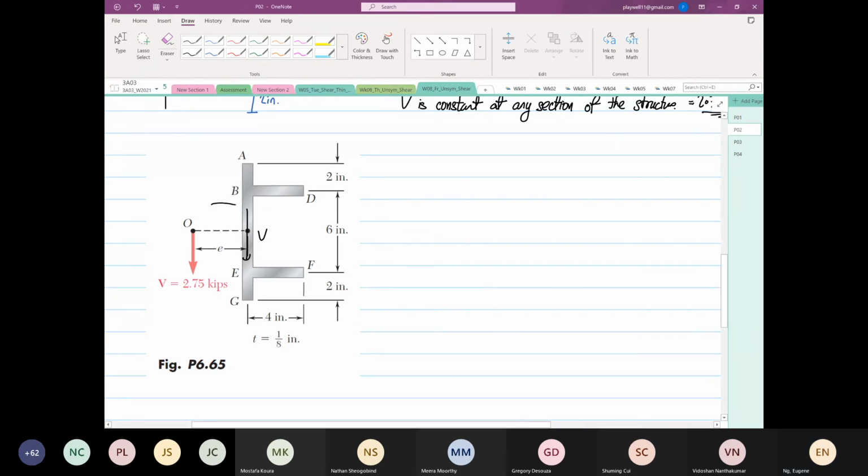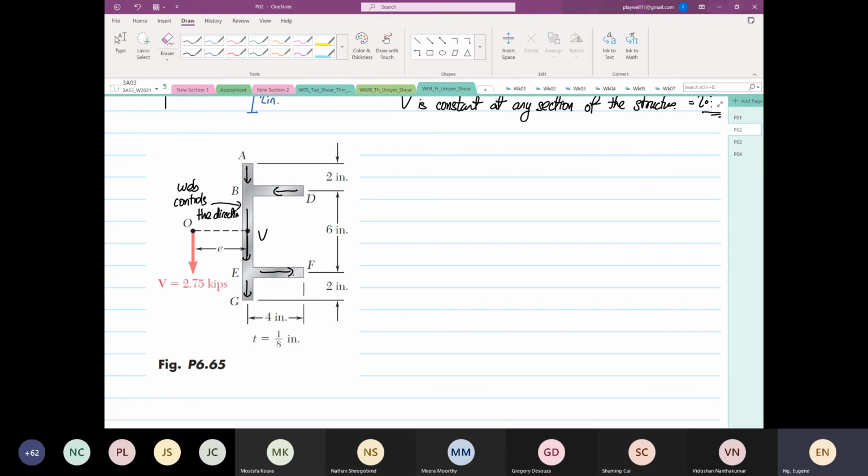Again, the web controls the direction. So A will come here, then this will be in this direction. Below the centroid, this will be there, and this will come out this way. That is how we construct our shear force in each section.